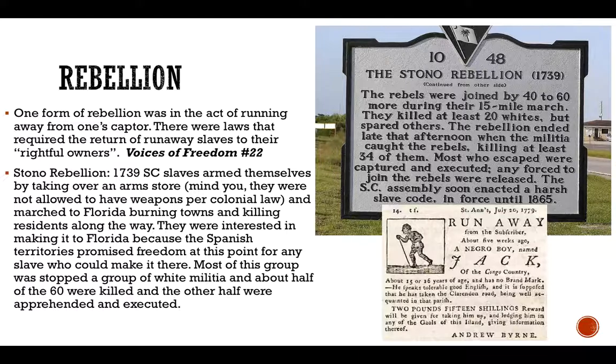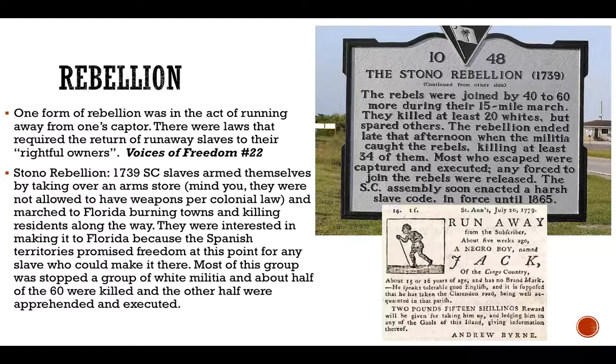So this is sort of the flip side. We talked about the Black Legend before, and at this point, the Spanish were offering freedom should they make it to their territory. Most of this group of the enslaved people who were marching were stopped.